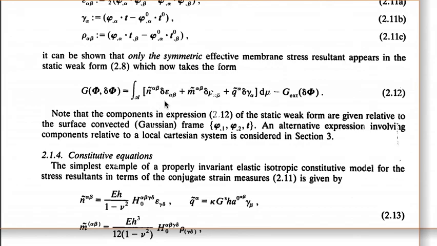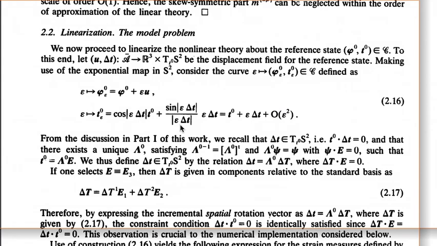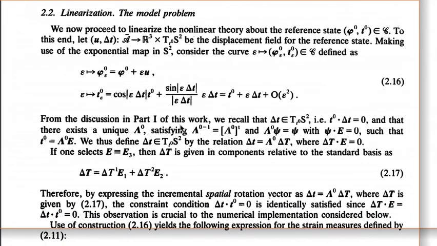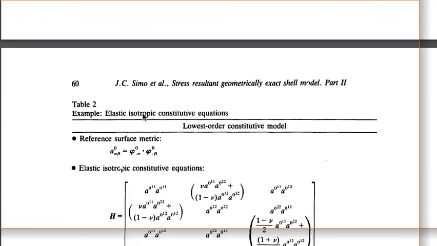And then if we have the constitutive equations, we can incorporate these over here. They can be nonlinear, so the linearization process is involved, and we have both the material tangent and the geometric tangent. In the process of linearization, parameterization is done in this manner. Here the exponential map is utilized to form a rule for writing the expression of the linearized director field, which is delta t.